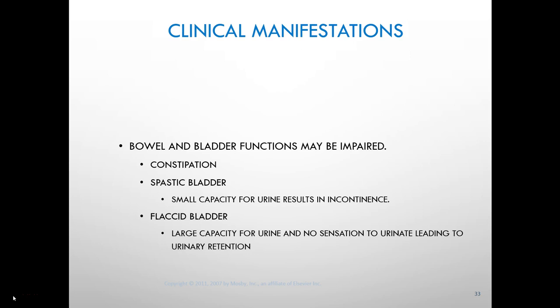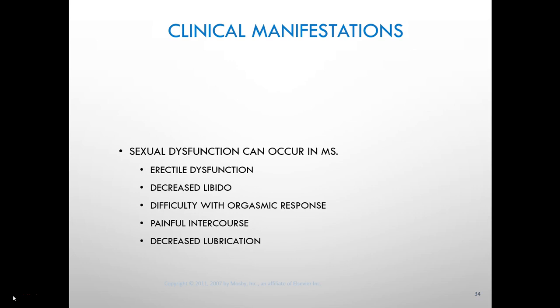Flaccid means large capacity, so it stretches out and accommodates more urine, predisposing the patient to urinary retention. So scan the bladder, do in and out cath fast. Then monitor intake and output. You're probably going to have to send urine for UA and C&S to check for infection.